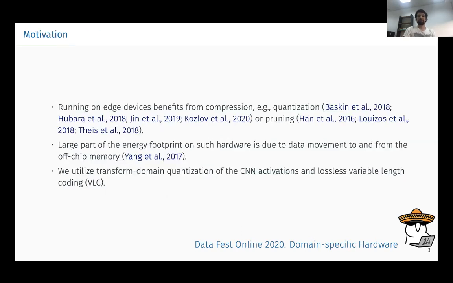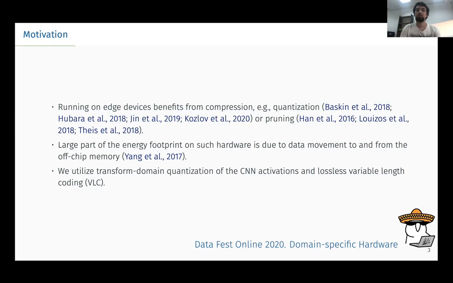So what is the motivation? We want to run neural networks on edge devices, cell phones, Internet of Things, stuff like that. But it's very energy demanding. It requires many computations. How can we reduce all those requirements? One of the popular solutions is quantization and pruning, and other ways of compression.